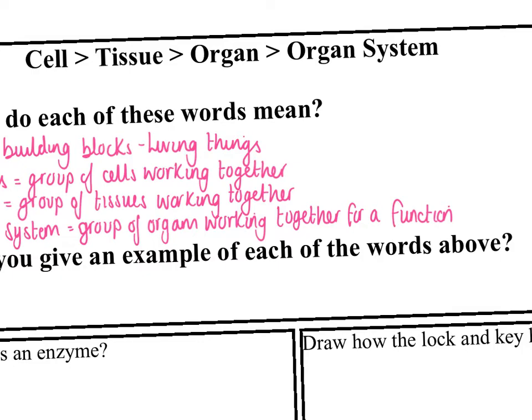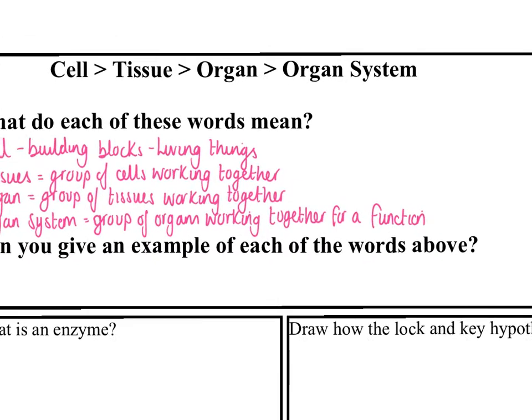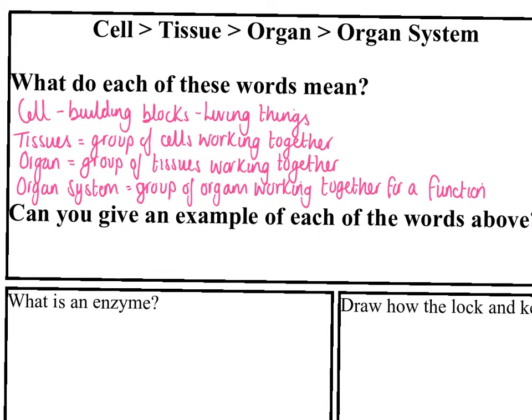And it says, can we give an example of each of the words above? Okay, I'm going to do that in a different colour, and I'm going to do it up the top. So an example of a cell, we could have sperm, muscle, liver cell, any type of cell.